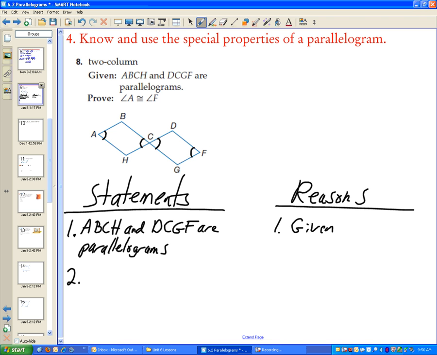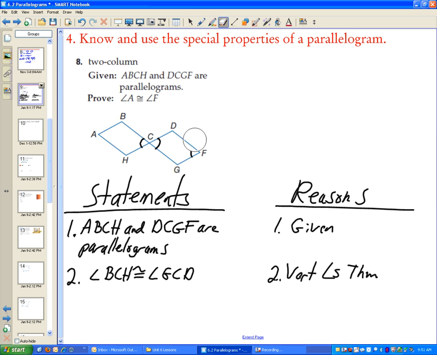Yeah, it is. It's easy. Now we just got to write it down. Now, I can save a step if I do it like this. Okay? I'm going to say that angle BCH is congruent to angle GCD because of the vertical angles theorem, or vertical angles are congruent, if you'd rather write that. So that gives me that so far. All right, on the figure, I've just got those two angles.